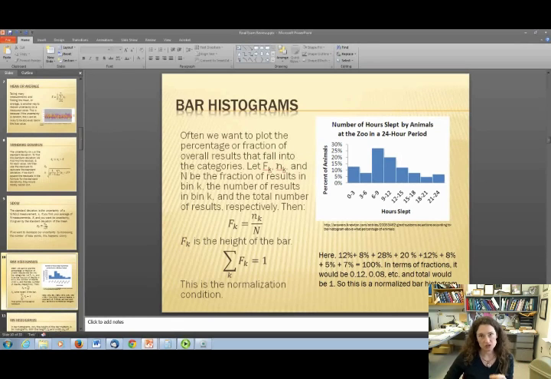Bar histograms are useful if all of the bins are the same width. Okay, and then the normalization condition of your bar histogram is that the percentages for the heights of all the values in your bins sum to 100%, or if it's a fraction, that the fractions sum to 1. Okay, and that's your normalization condition for your bar histogram.